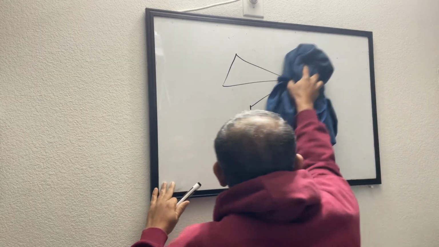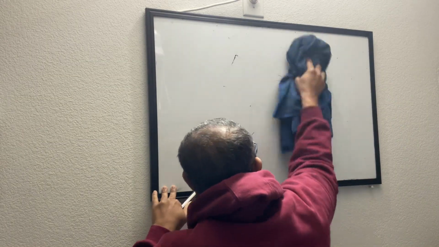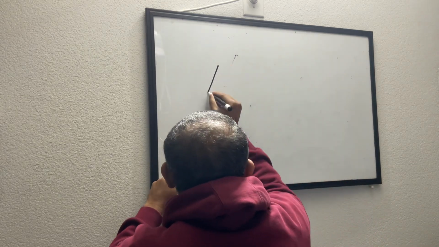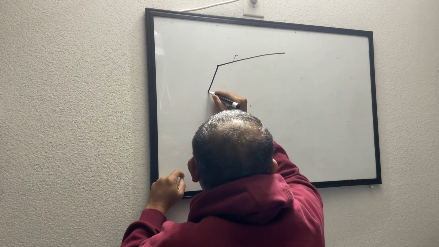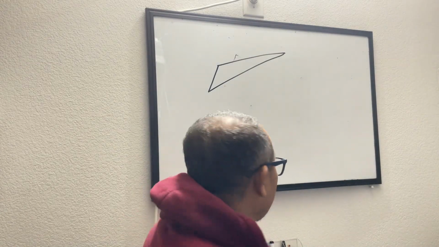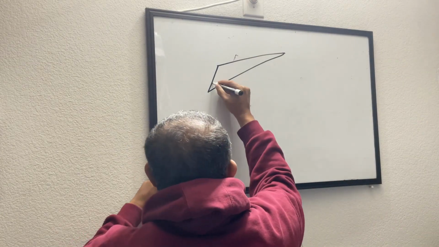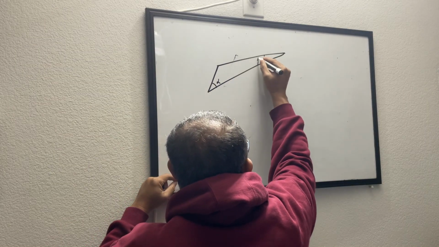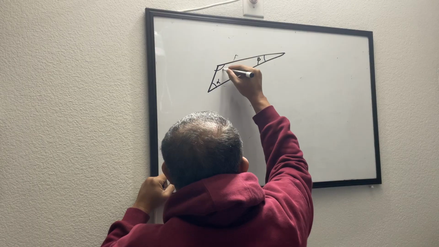So let me not confuse you by drawing too many triangles. Let me pick one stupid looking triangle which is not a right angle triangle. Okay? And let's say this angle is alpha, this is beta, and this is gamma.